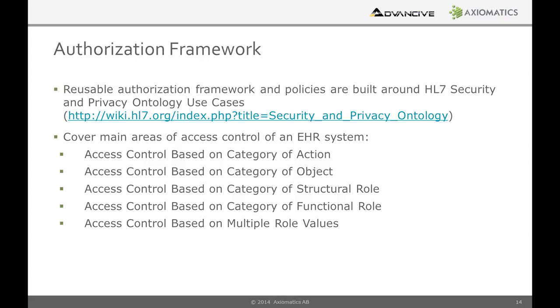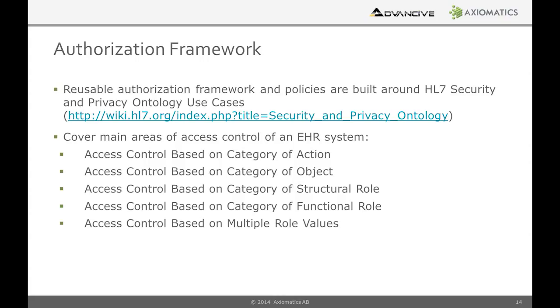Those areas are access control based on category of action, category of object, category of structural roles, functional roles, and multiple role values. We will go through them on the next slides to explain what they are. I also want to say that even though HL7 defines those areas of access control, I think those categories are pretty common for other systems, not just healthcare systems, as you'll see in the next few slides.